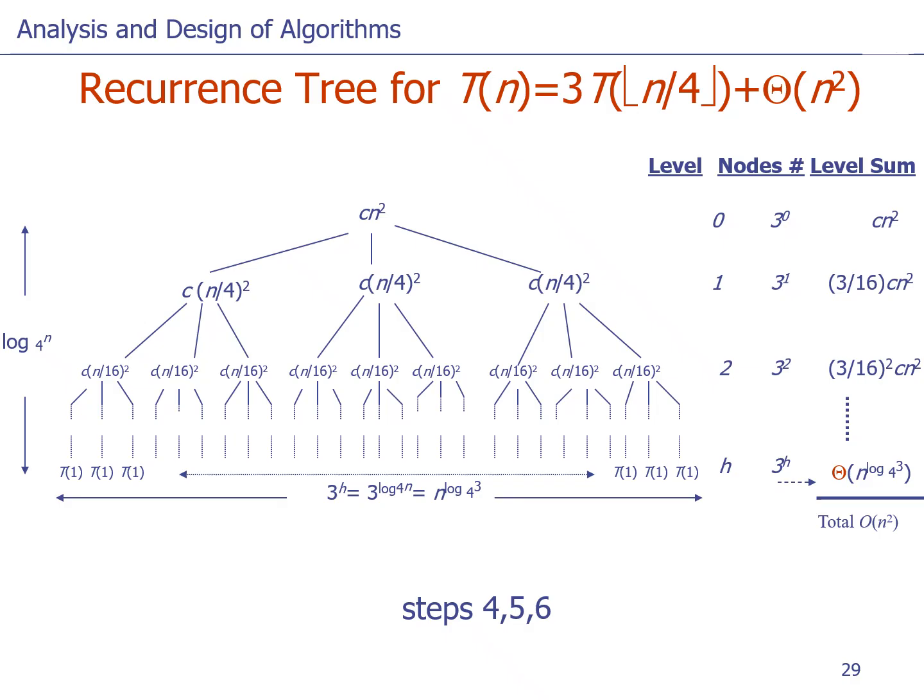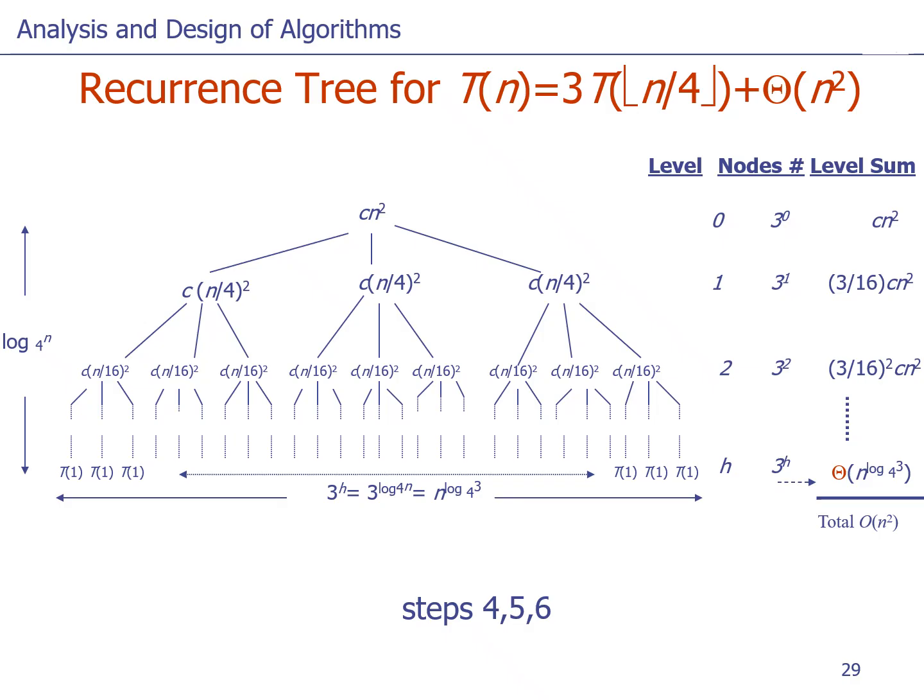It's log n, but the base of the log is related to the splits, to the divisions. How fast are we dividing, or how wide is the tree? So h is going to be log n, but base 4, not base 2.